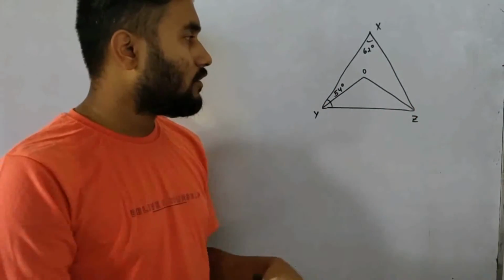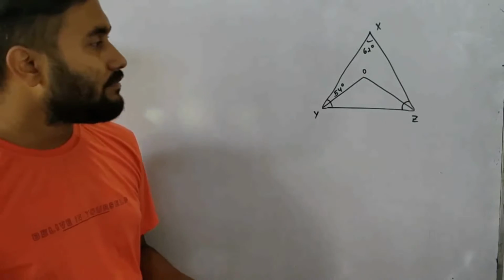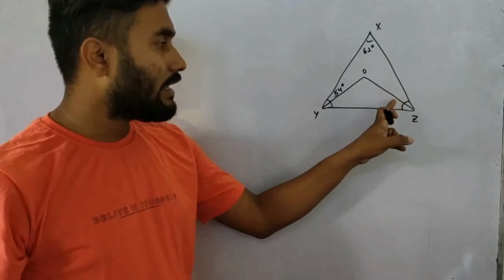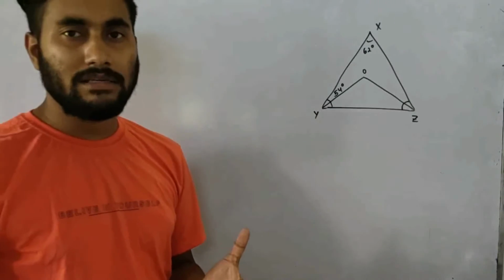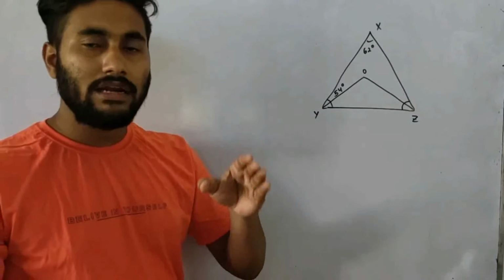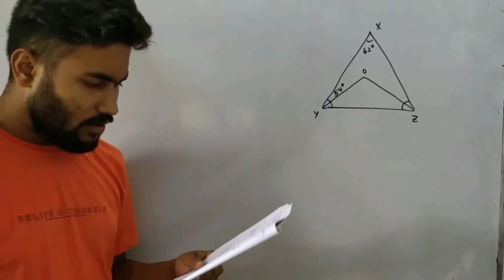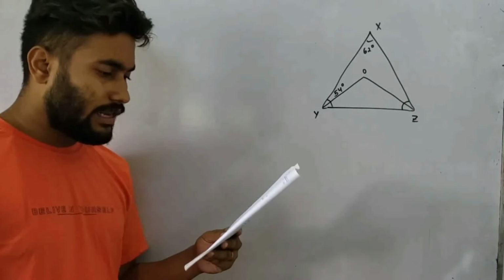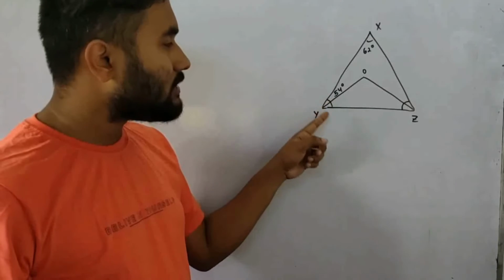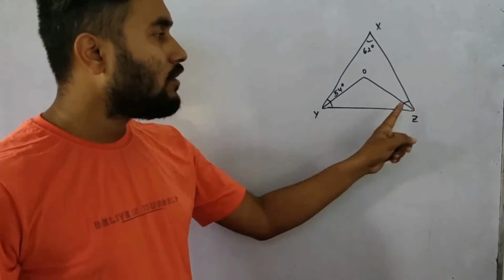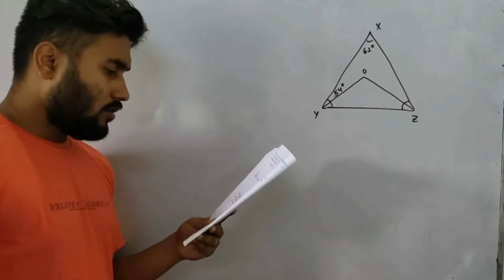ZO is the bisector of angle XZY, so this upper angle and this bottom angle are exactly equal. That is the job of the bisector: it divides the angle into 2 equal parts. So from this you will understand that the top and bottom angles are equal over here, and over here also the top and bottom angles are equal.